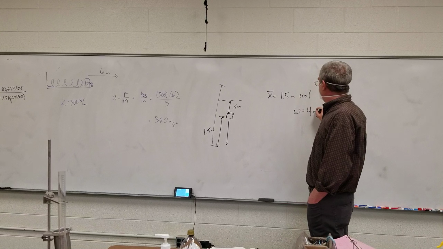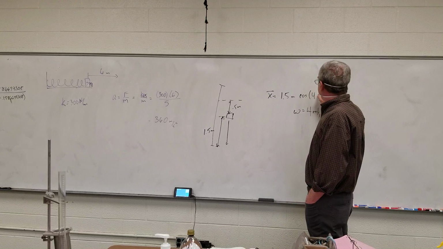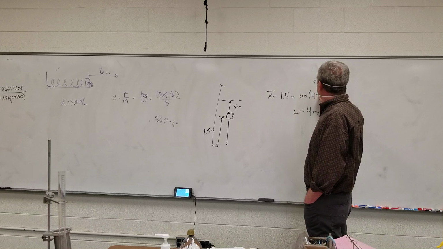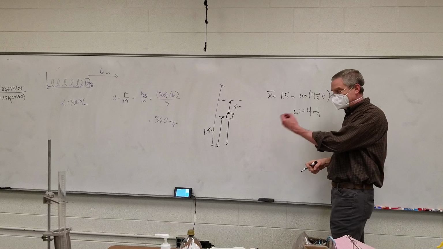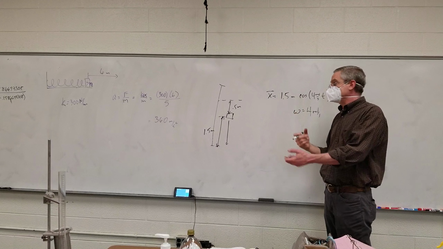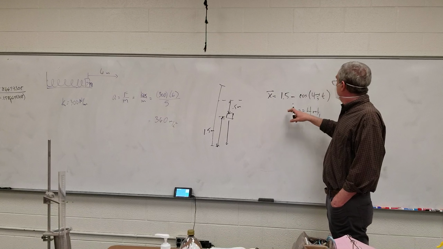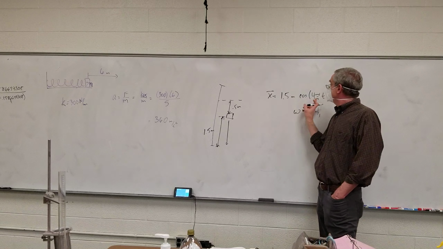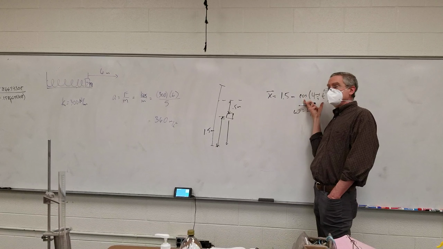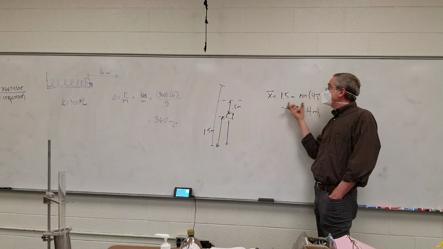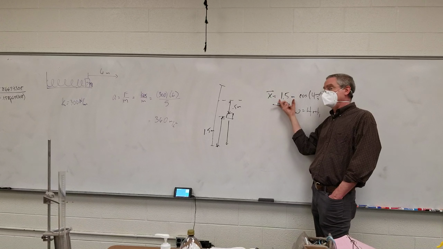I'll just make it 4 radians per second, times time. And there's no phase shift because it starts at the maximum amount like a cosine does. When time is 0, this term is 1. Cosine of 0 is 1, times 1.5 meters, so initially I'm on the positive side.